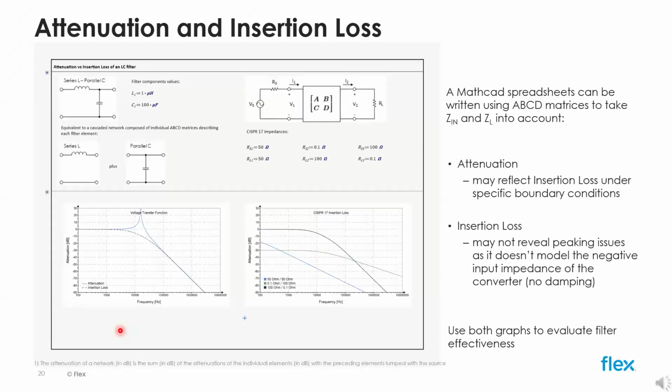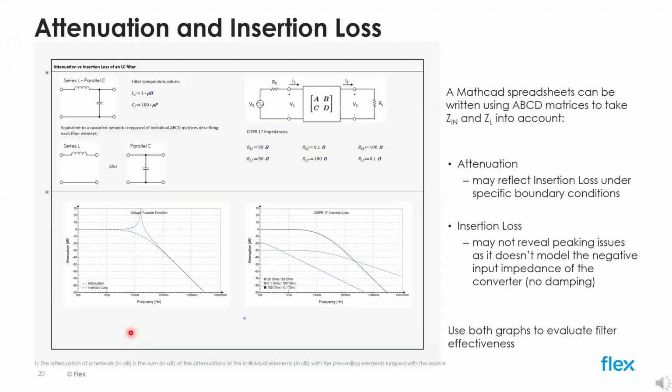On the left side, we are not considering input and output impedances, but we get an insight about the undamped characteristic of our filter. We can get the same information from the output impedance curve, but it would be less intuitive to grasp. This is one reason to have attenuation and output impedance on the same spreadsheet, as we have seen in the previous slide.